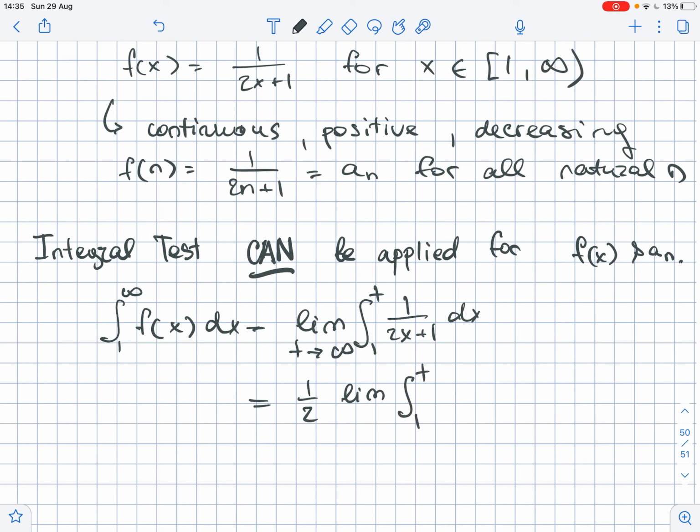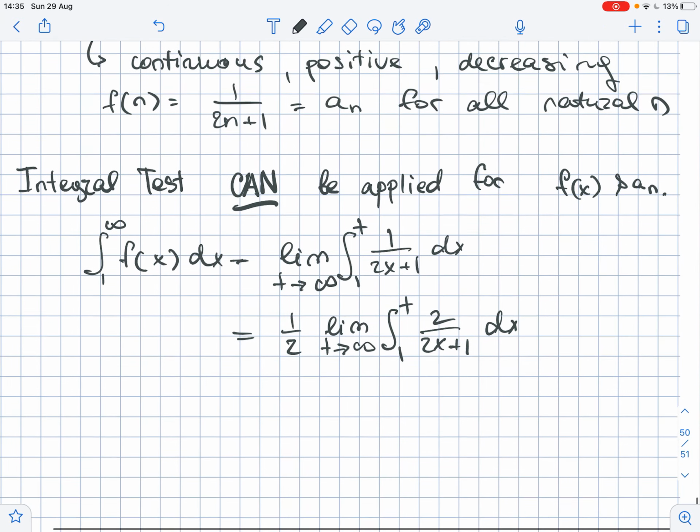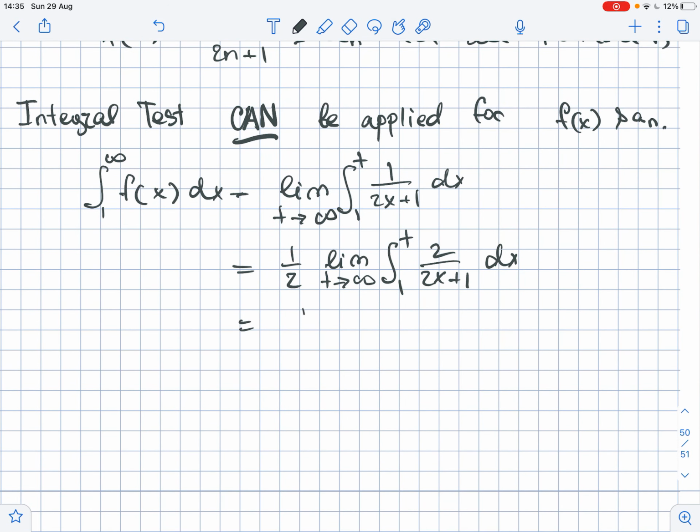Then this equals 1 over 2 times the limit of the integral from 1 to t of 2 over 2x plus 1 dx, where t approaches infinity. Then it equals 1 over 2 times the limit of ln of 2x plus 1 from 1 to t, where t approaches infinity.